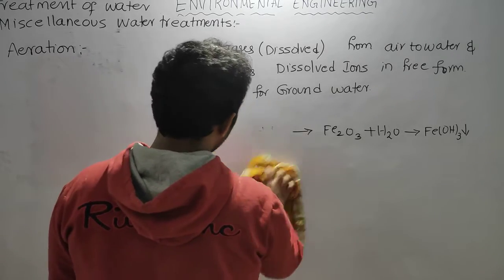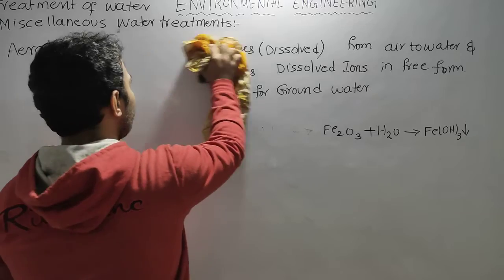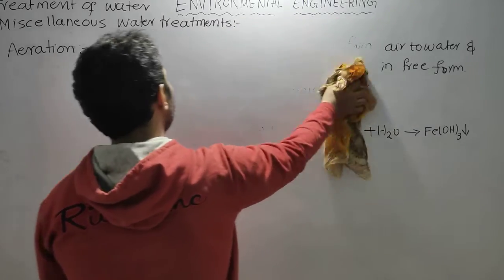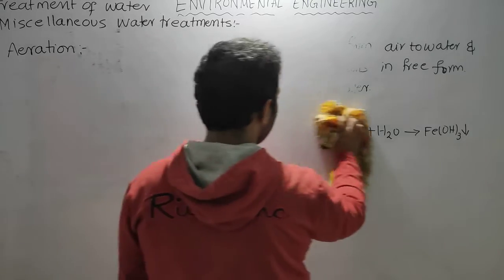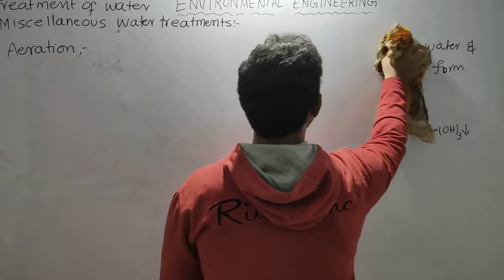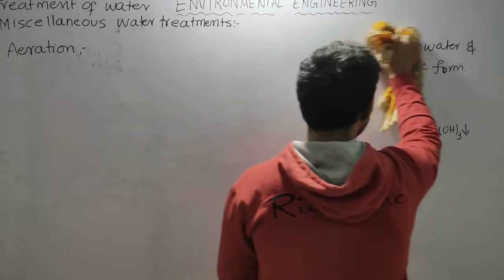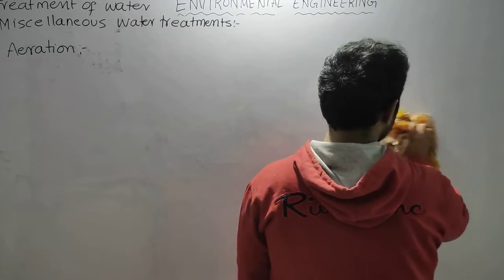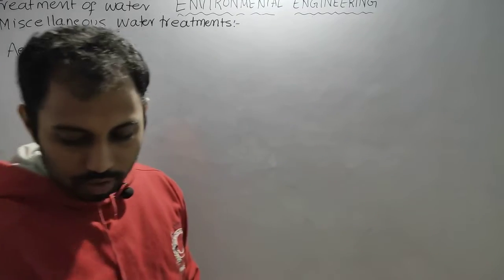Generally there will be two concentrations. One is the saturated concentration and another one is the actual concentration. Whatever concentration is present inside the water, is it more than the saturation or less than the saturation?